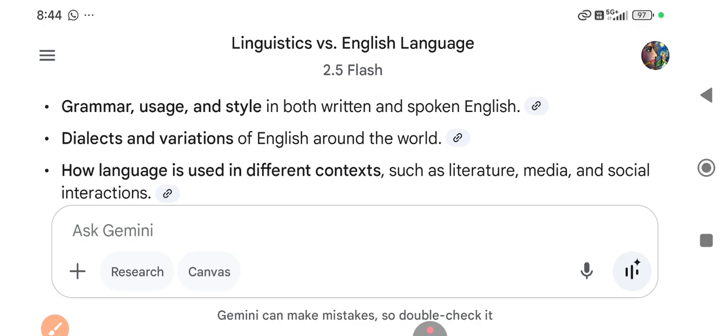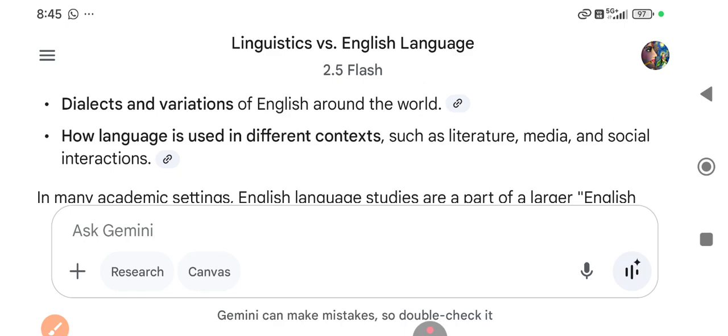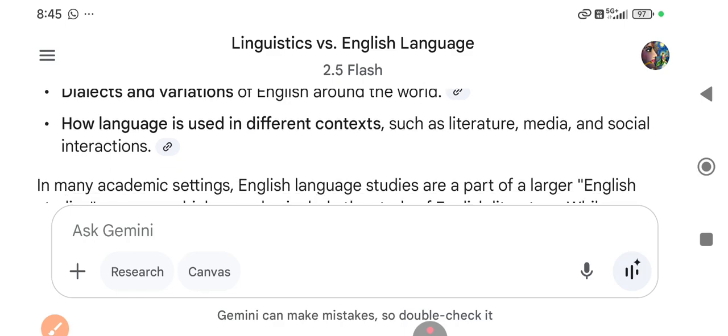That is part of the study of language. Then how language is used in different contexts, such as literature. Literary language is different, media language, reporting and all, is different. Then in social interaction, language is different.